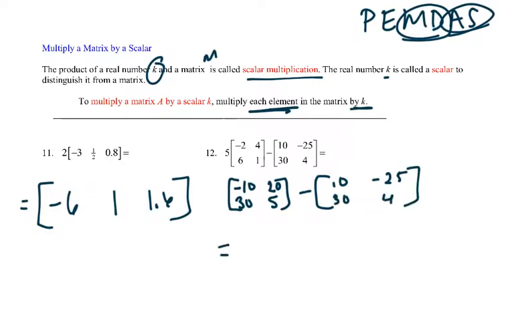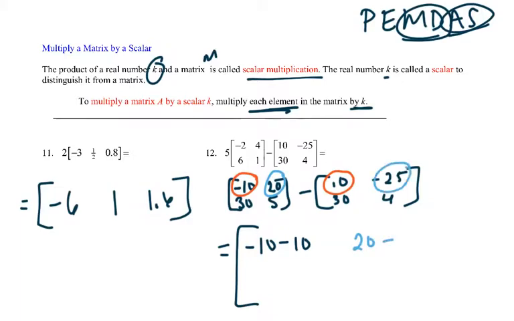And so my result, I can show my work, if you would like to see that. I would have negative 10 minus 10. That's the first element of the second matrix subtracted from the first element. Then I would have 20 minus negative 25. Then I would have 30 minus 30.